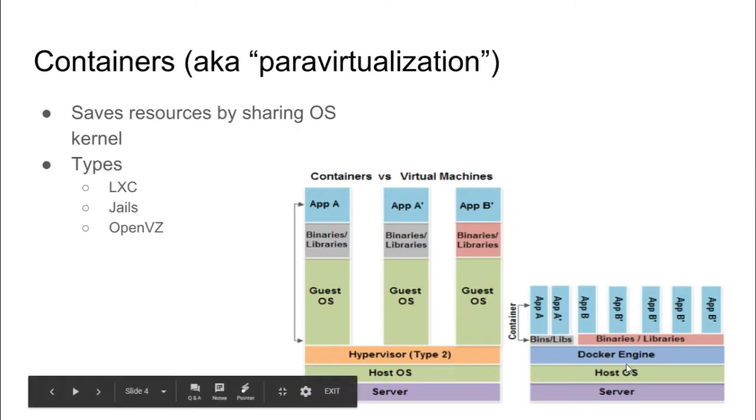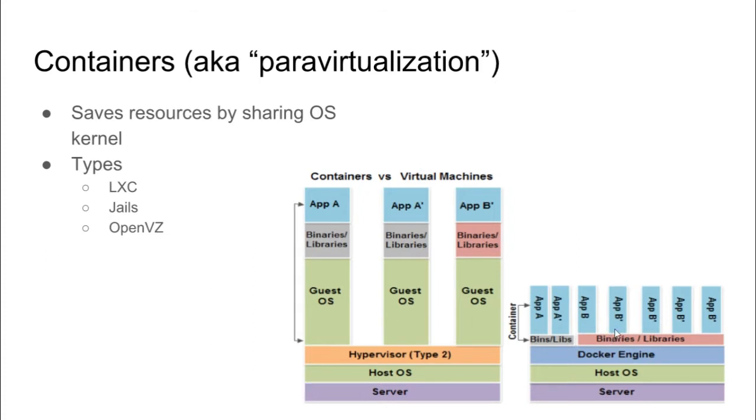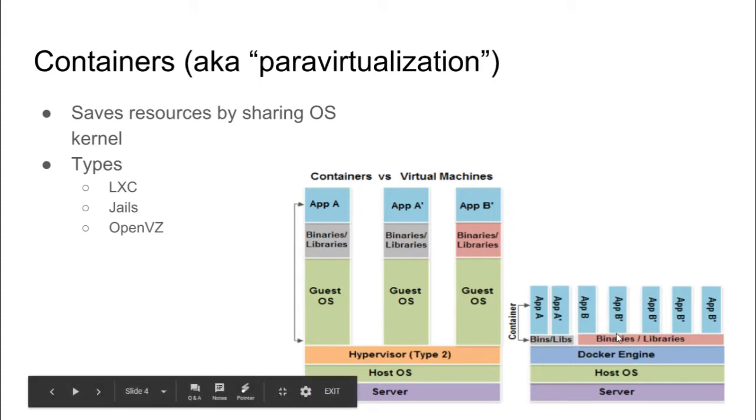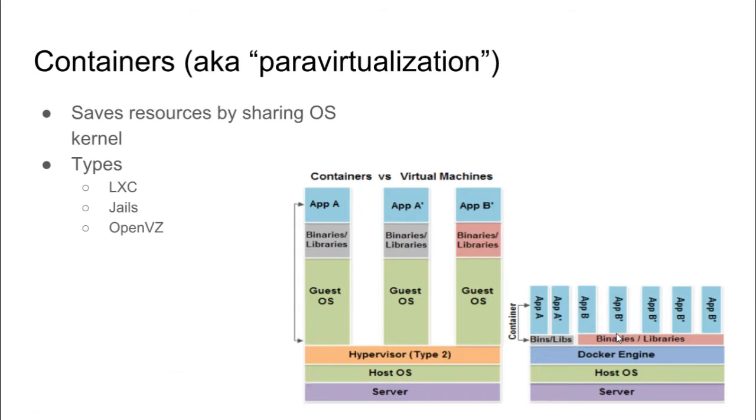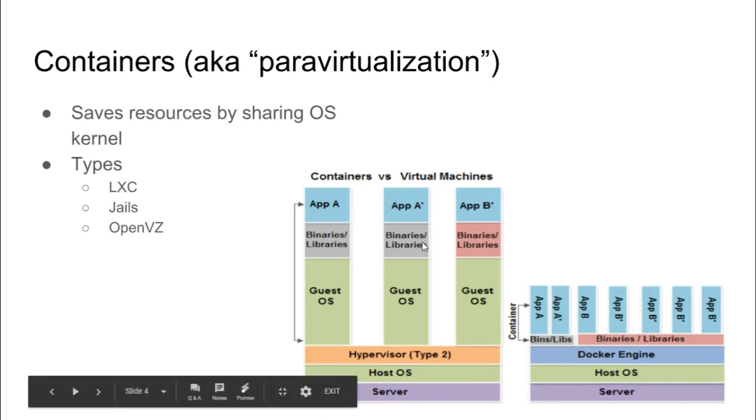Whereas here on the right, you've got the Docker engine, with containers sharing a kernel and some libraries. The advantage is that it takes a lot less RAM, so you can run a lot more containers than you could virtual machines. That's the primary benefit of running containers.